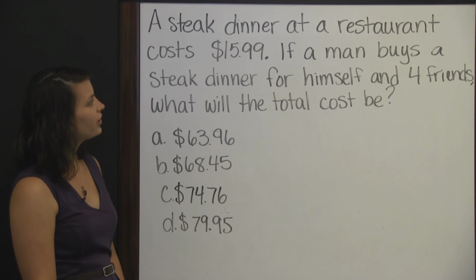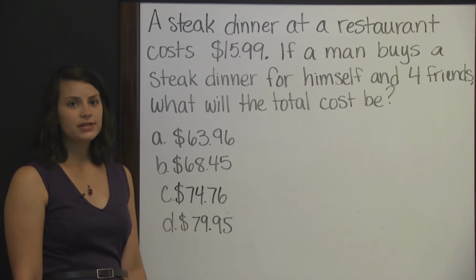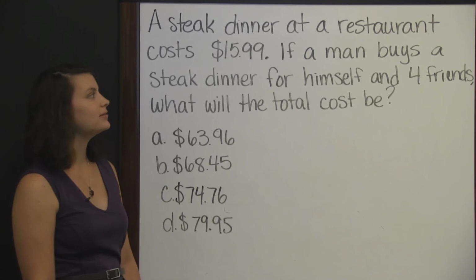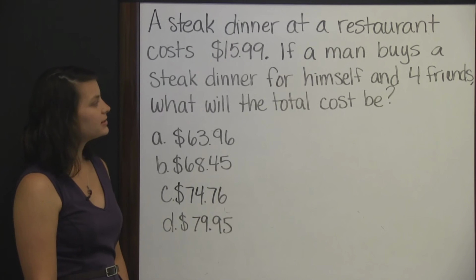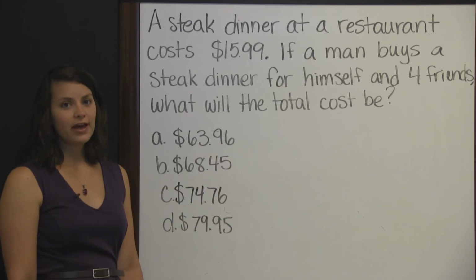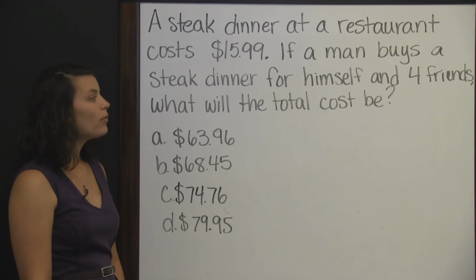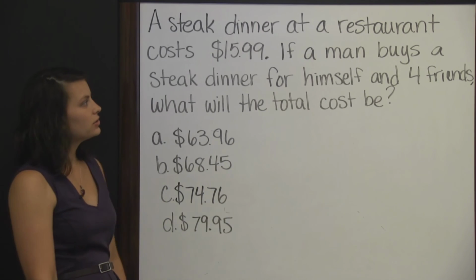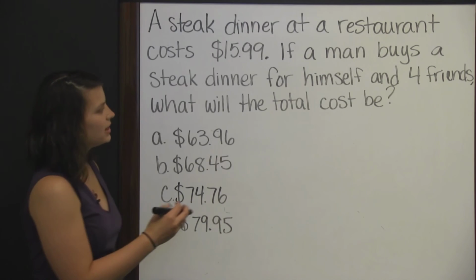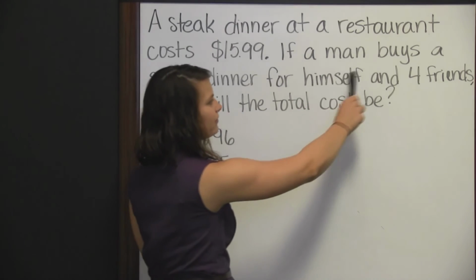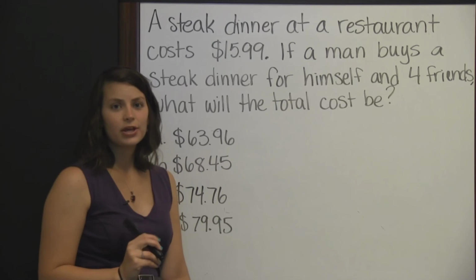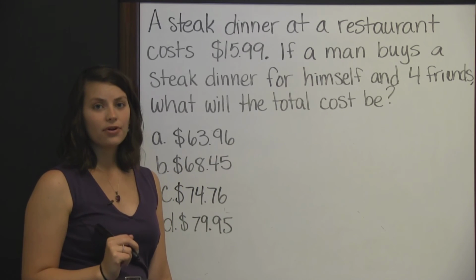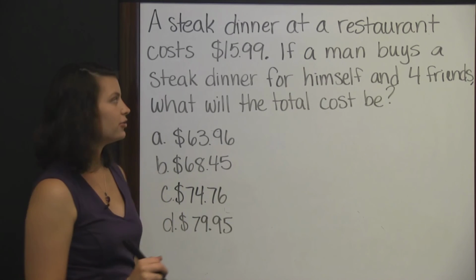A steak dinner at a restaurant costs $15.99. If a man buys a steak dinner for himself and 4 friends, what will the total cost be? So this man is buying a steak dinner for himself and 4 friends, which means he's buying a total of 5 steak dinners.